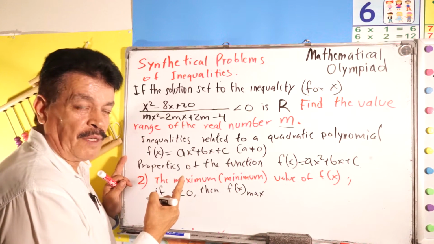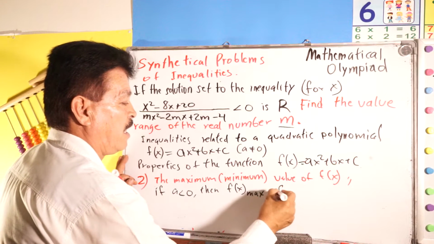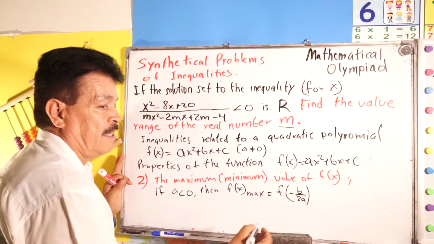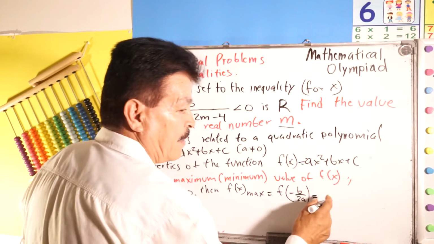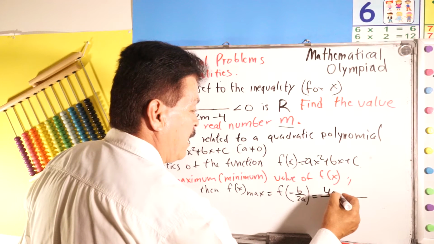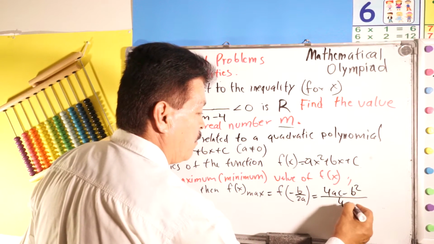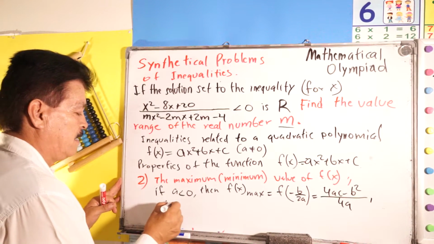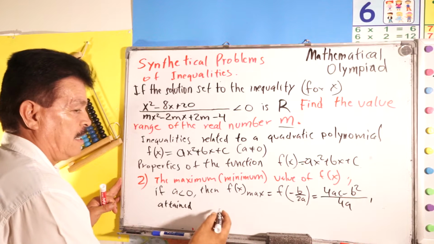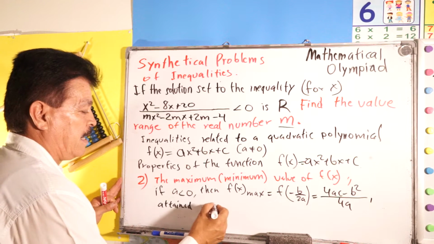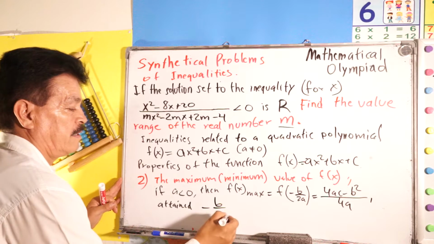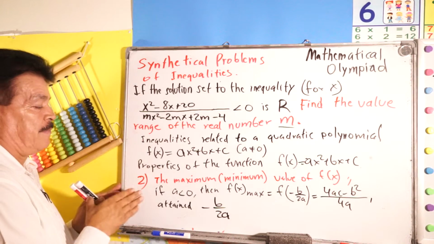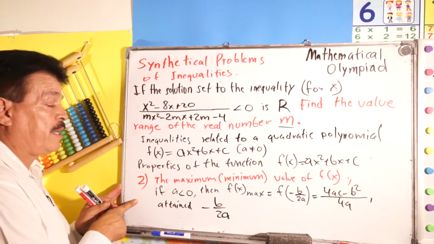Remember before it was minimum, now maximum is f(−b/(2a)) = (4ac − b²)/(4a). We have a relationship with property number 2.